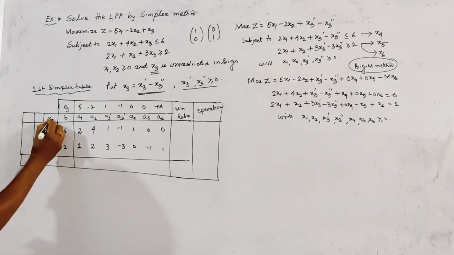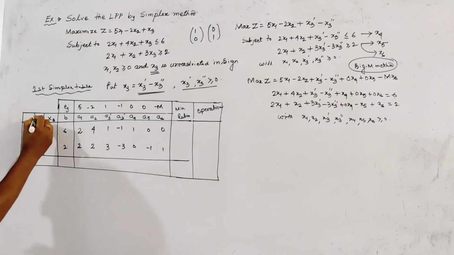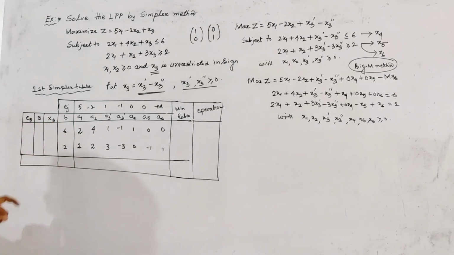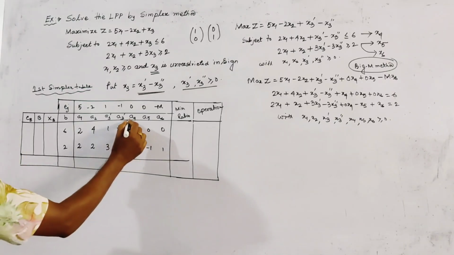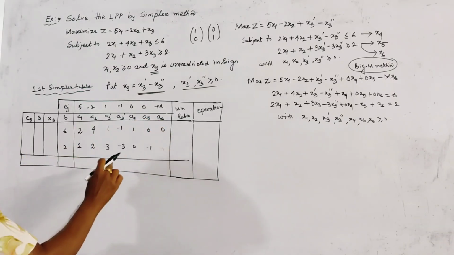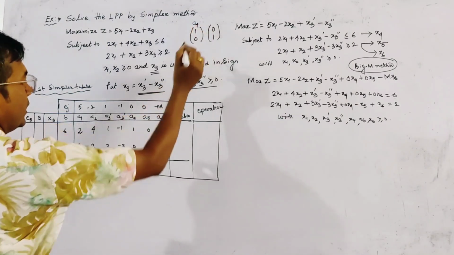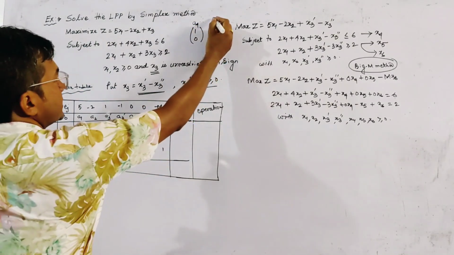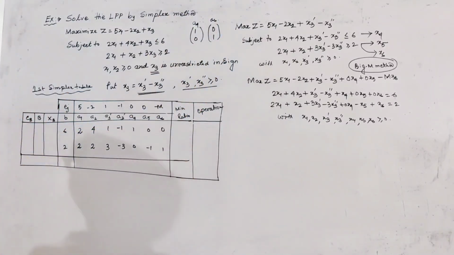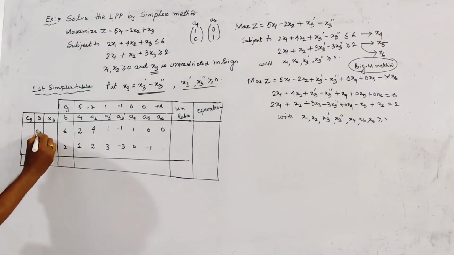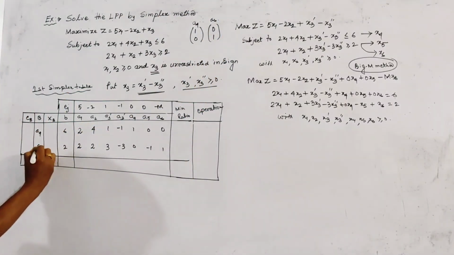This is XB, this is B, this is CB. What is the meaning of B? B is the basis vector. What are the basis vectors? A4 and A6 are the basis vectors, because 1, 0 is A4, and 0, 1 is A6. These two are basis vectors. We write here A4 and A6.